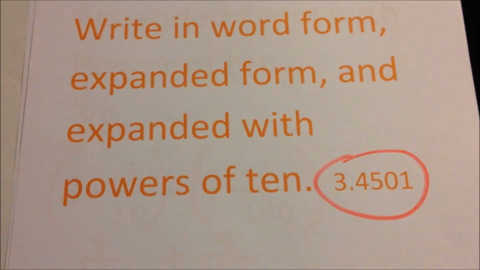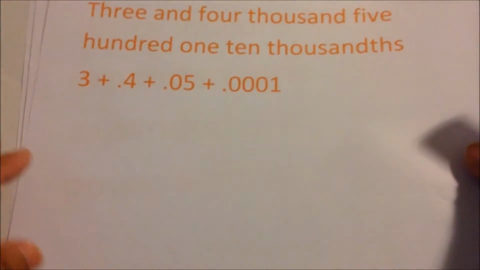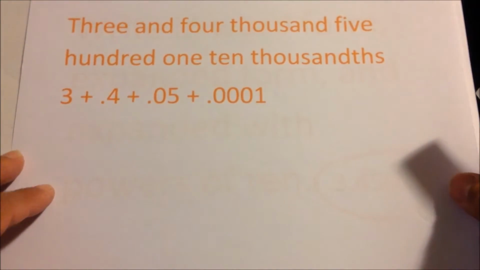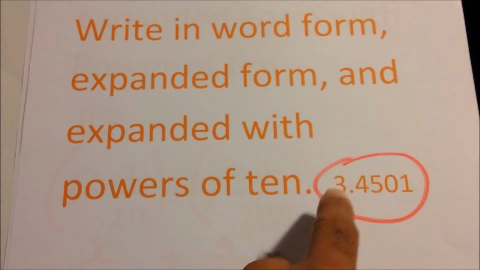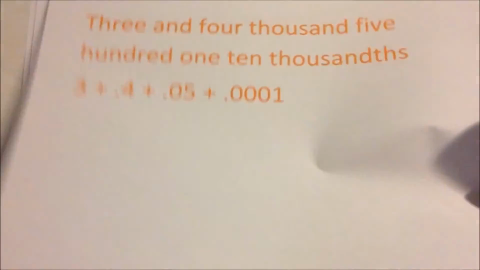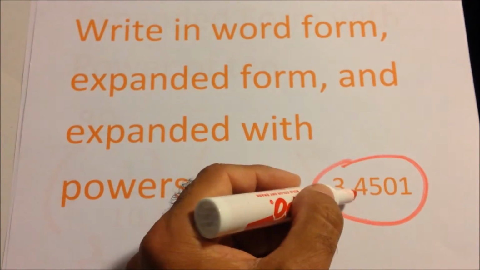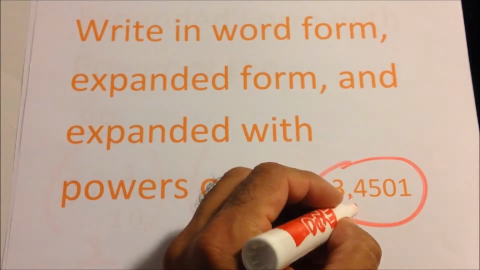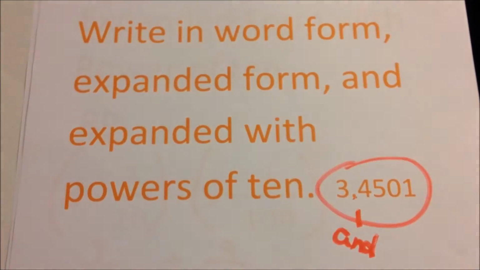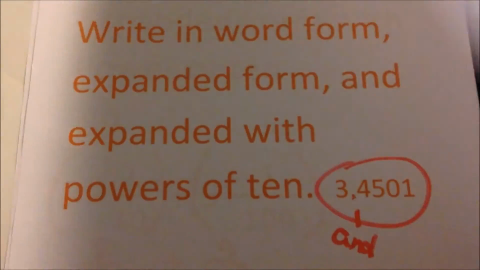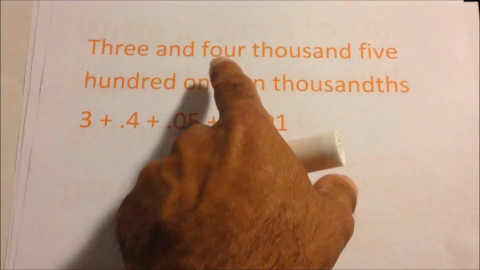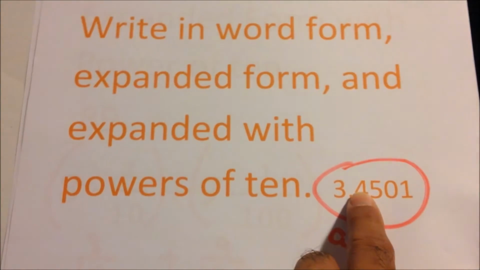All right. So let's look at it in word form. We have the whole number 3, and remember from 5th grade, every time you see a decimal you say "and." 3, and. Now we just read the whole number.